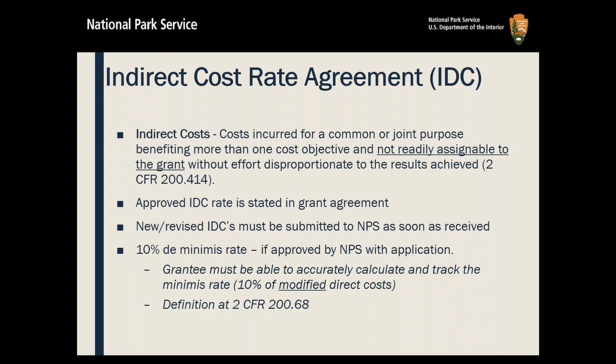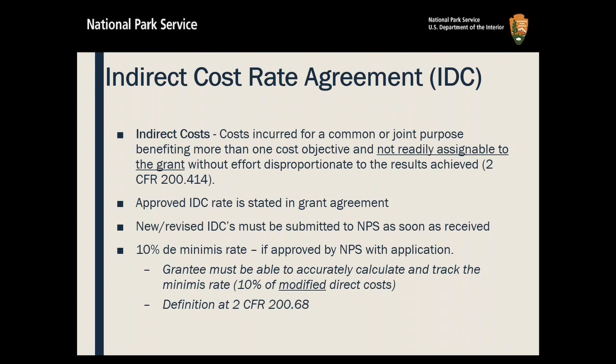So again, this is that allocable issue. But if you did submit an indirect cost rate with your application and we approved it, it's stated in your grant agreement, and that is the rate at which you must use. When that agreement expires, you have to submit any new indirect cost rate agreements you get to the NPS as soon as you receive them.